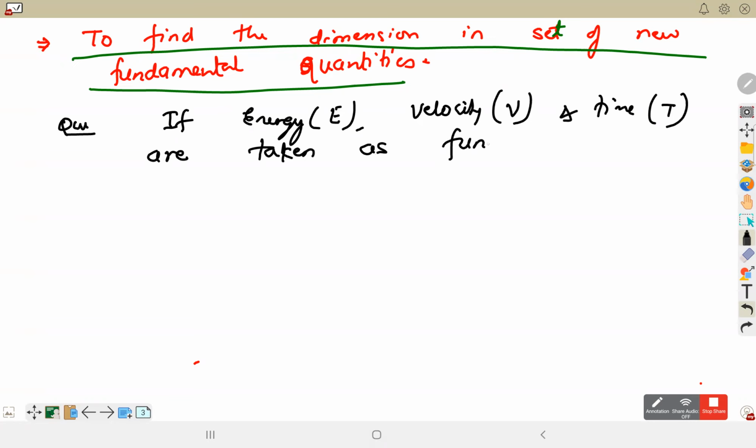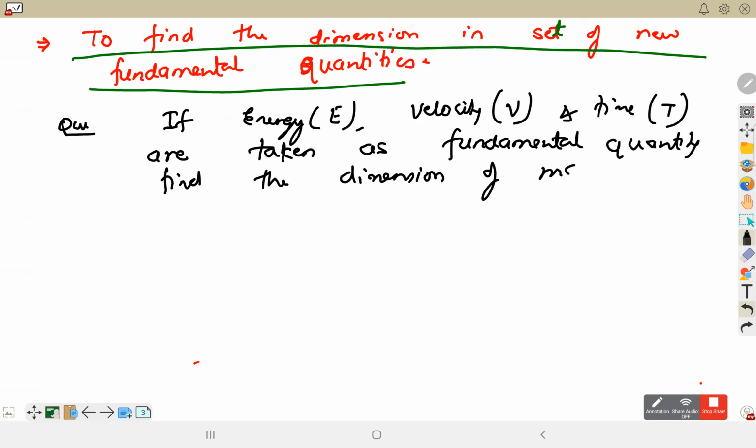Find the dimension of mass in this new system, because now mass is no more fundamental.